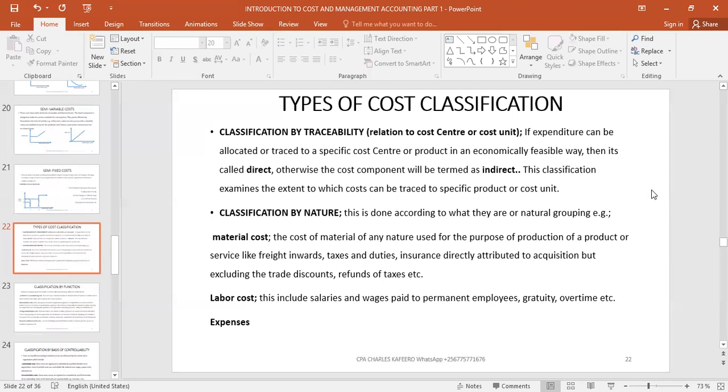It can be in terms of overtime, gratuity, and other bonuses, depending on how the company is paying its employees. The other one we can talk about is expenses. Those are the expenditures, other than material and labor, we've incurred in the production of goods and services. So allow me to go to the next classification.